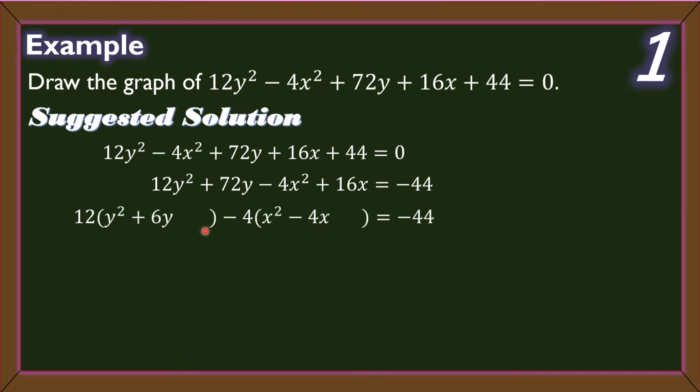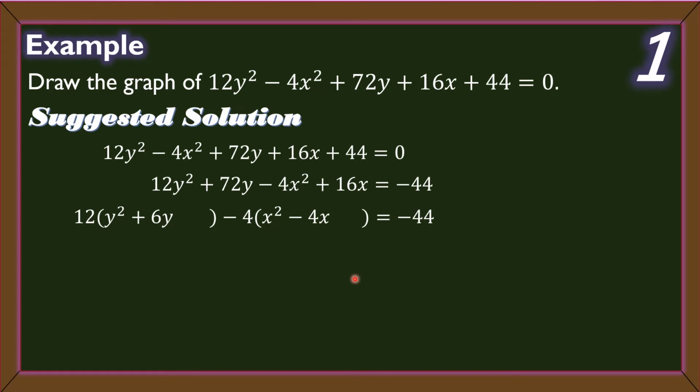Next, we have 12 times the quantity (y² + 6y), minus 4 times the quantity (x² − 4x), equals −44.